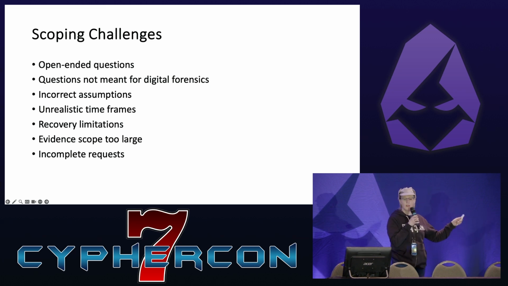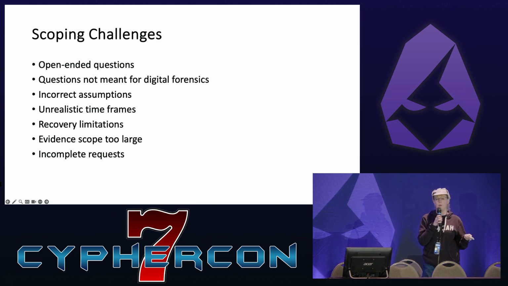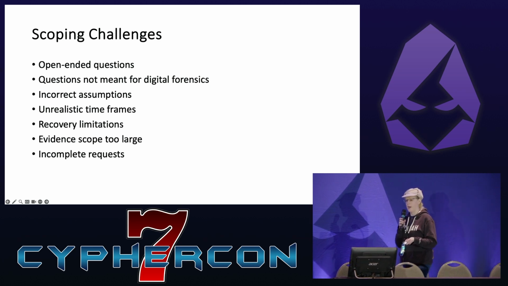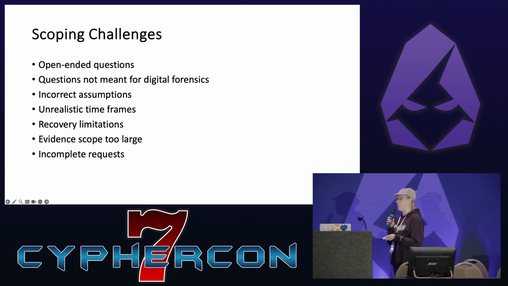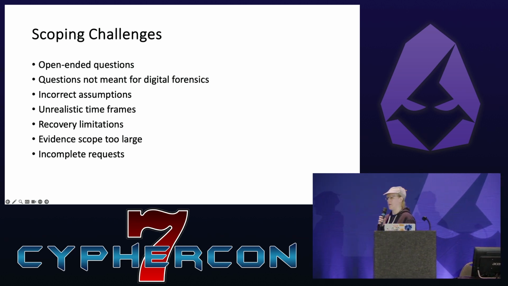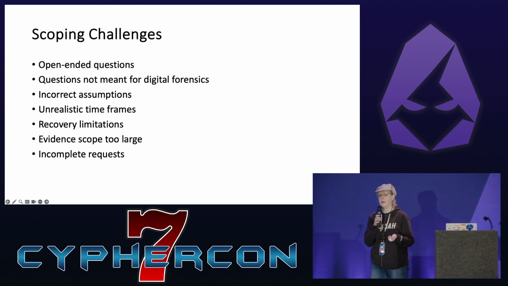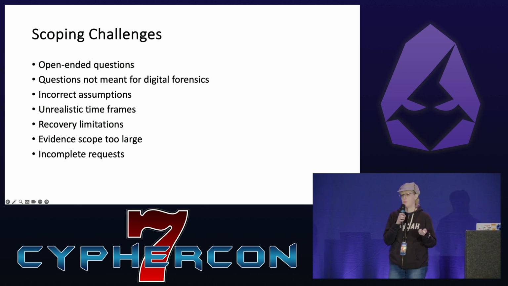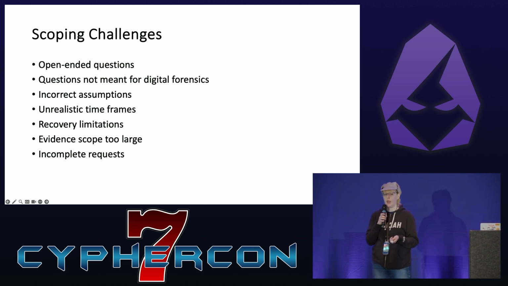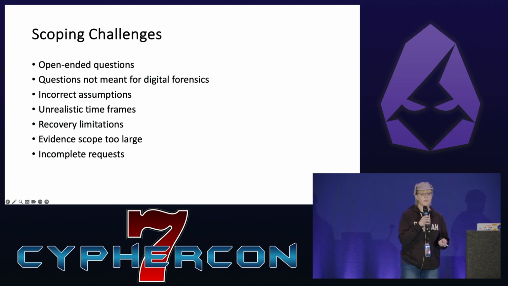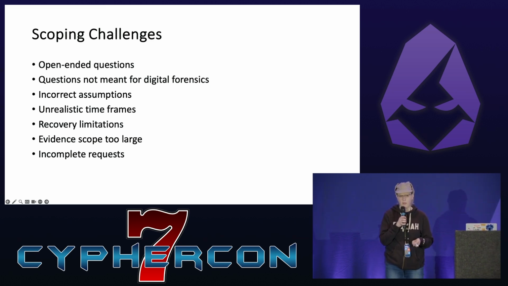There are also some other issues, right? Timeframes could be unrealistic. The scope could be way too large for that time frame. There could be issues with what you're able to recover. Sometimes recovery is only as good as the tool set you have, so maybe that's just not even possible. And you could get incomplete requests. A great example of an incomplete request is, I would like the chat data from this phone. What does that mean?